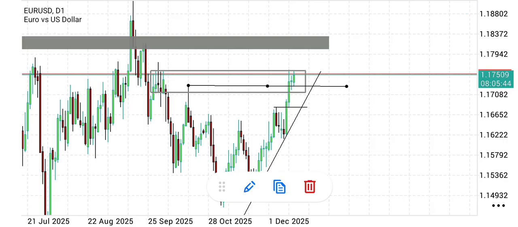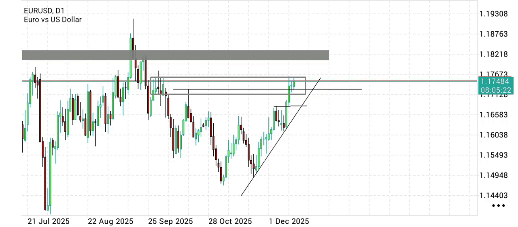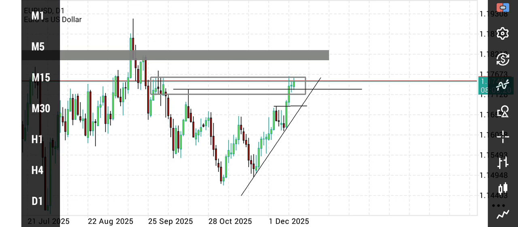I'm placing my resistance like this, because you won't be correct in most cases, you'll never know where the market will end its retracement. So I have to be cautious about some other things.